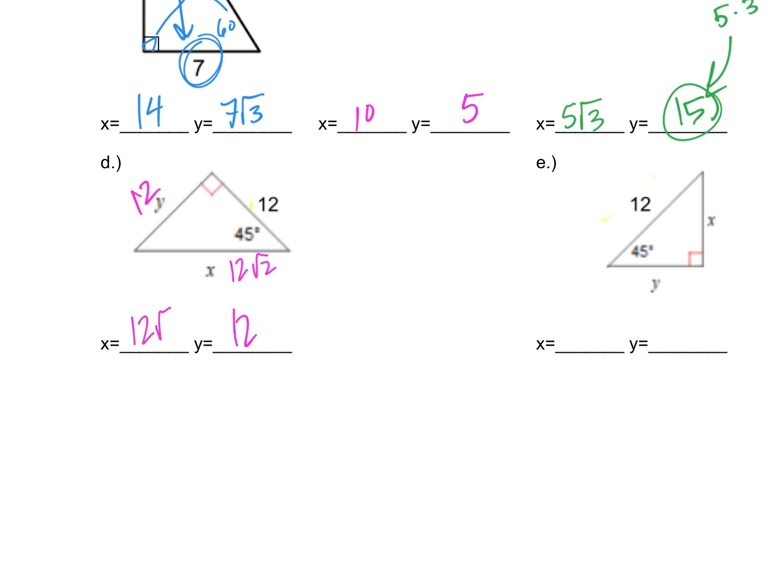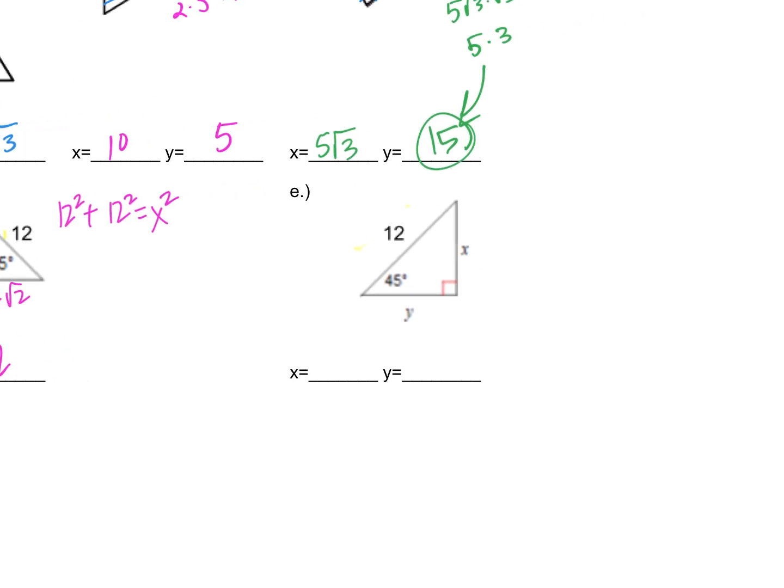Now, if you get stuck, don't forget, you can always use the Pythagorean theorem if you know it's isosceles, and you could solve that for x. So you can always get back to the 12 radical 2. And it looks like I made that 12 radical 3, which is incorrect, and should be 12 radical 2.